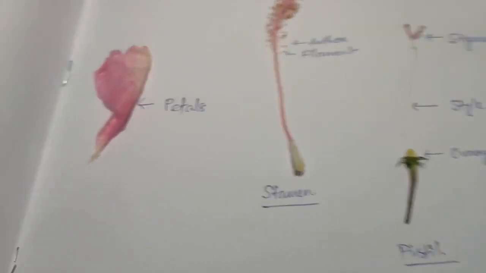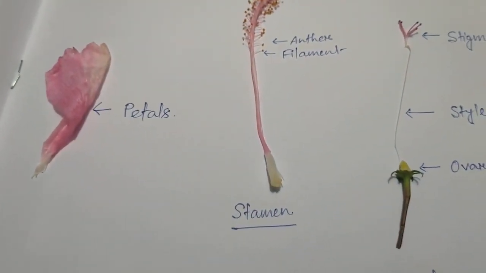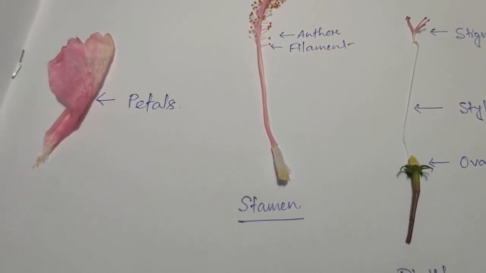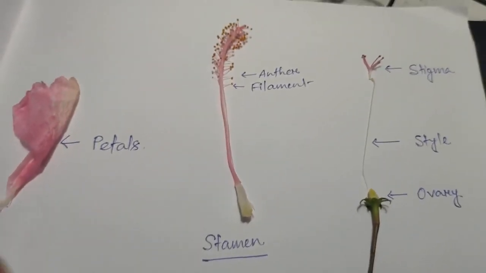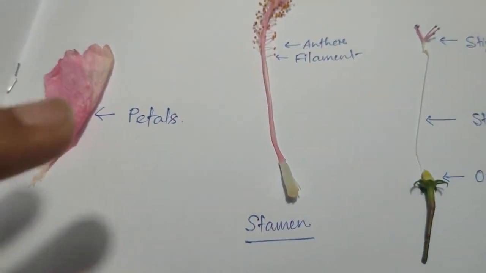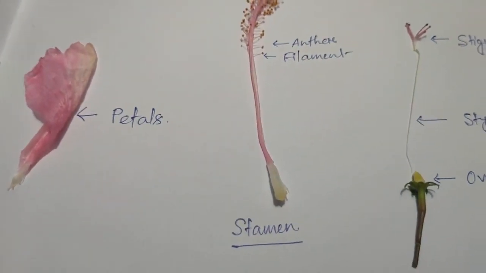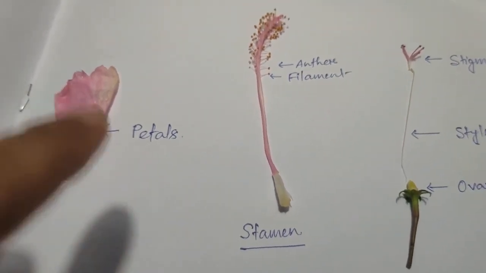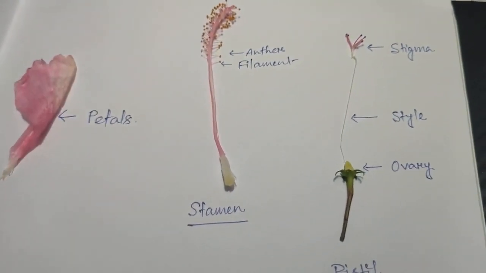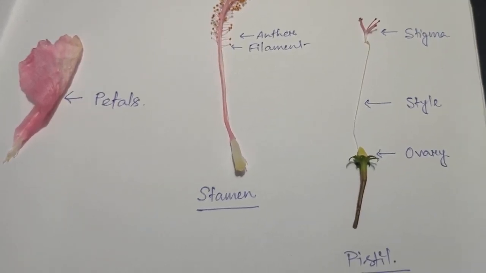In different flowers the structures may be different, the shape and the position of the parts may be different, but basically all flowers will have the same kind of things. In some flowers there is a little difference. In some flowers we can find only stamen, so petals and sepals will be there, and only stamen. In some flowers petals and sepals will be there, and along with that pistil, but there will not be stamen. So only pistil may be present in some flowers, and only stamen in some flowers.